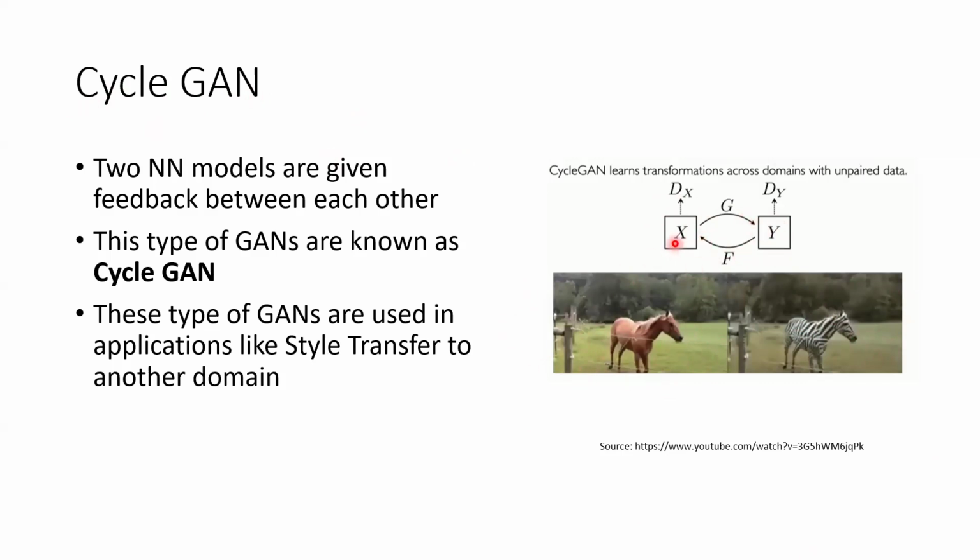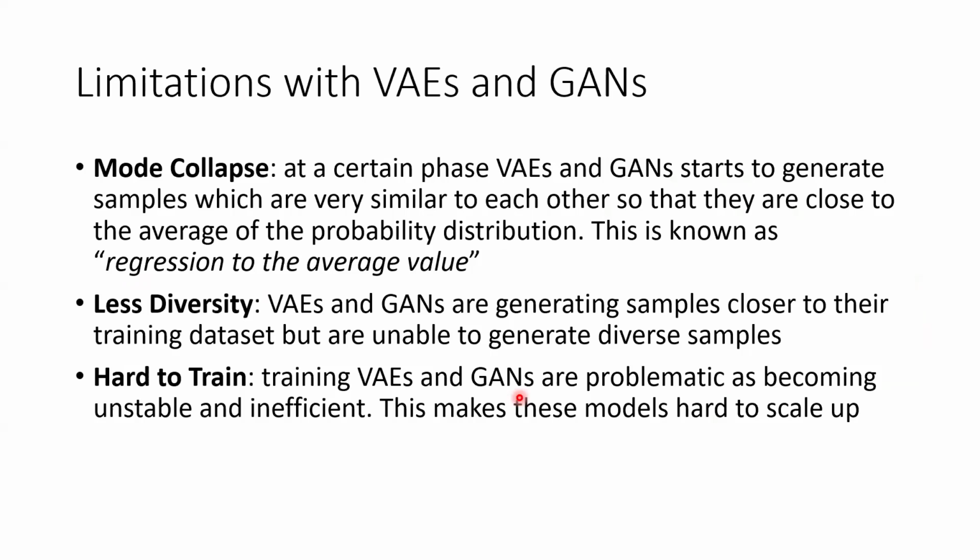One network can share some of its styles with the other network, and it can generate a new type of information influenced by the original type. So this is known as the cycle GAN. This is another application of generative adversarial networks, right?